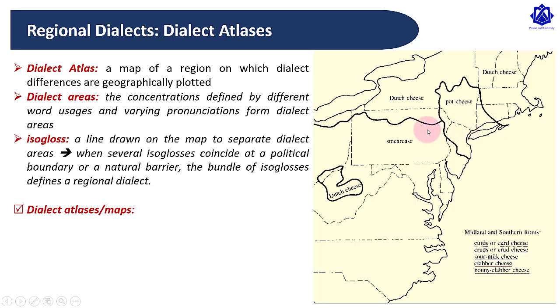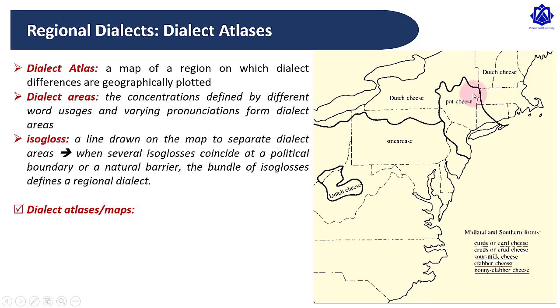When we have more than one isogloss and several isoglosses coincide, sometimes with a political boundary or a natural barrier like sea, mountains, or rivers, then we have a regional dialect.